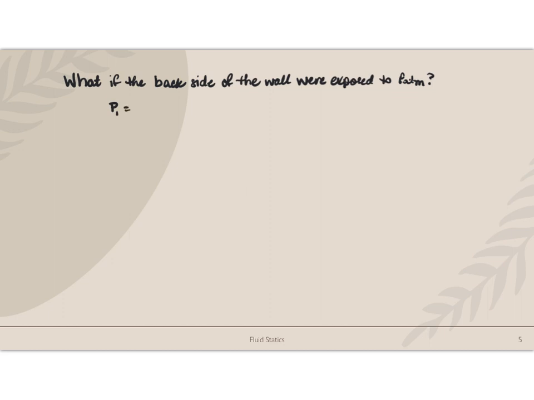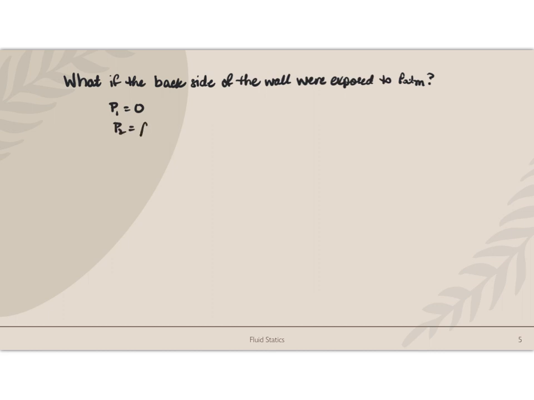So, what if the back side of the wall was also exposed to atmospheric pressure? In that case, you would neglect the atmospheric pressure. So P1 for our previous drawing would be 0.